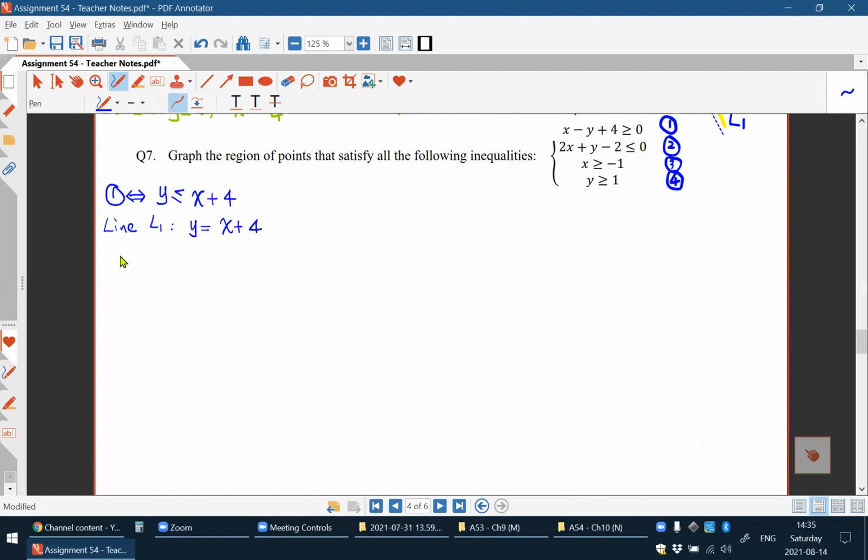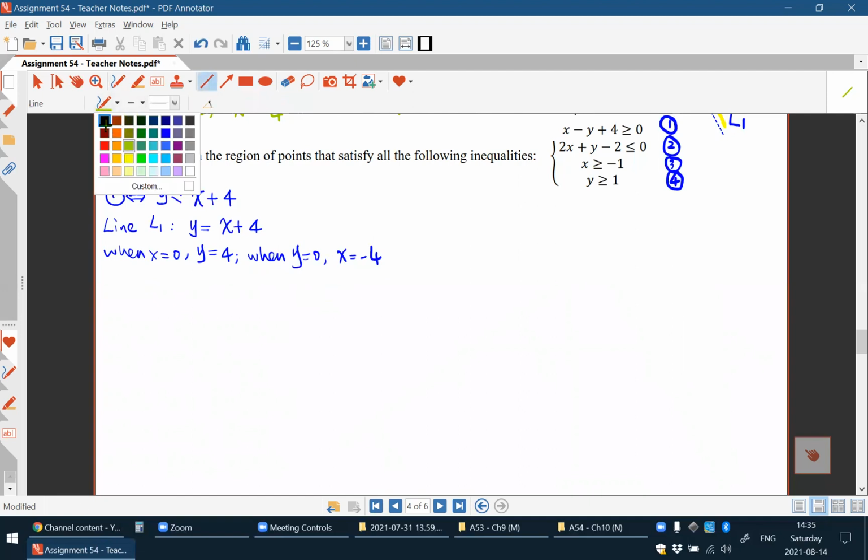So when x is 0, y equals 4. And when y equals 0, x equals -4, right? So that means we can draw the line on the 2D Cartesian plane now.